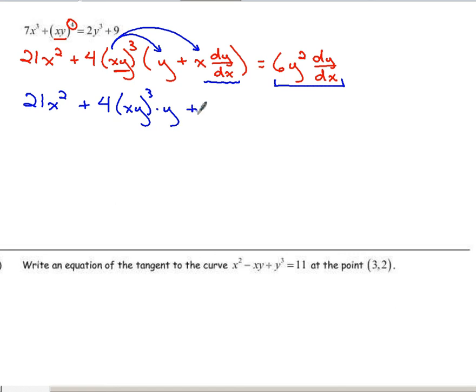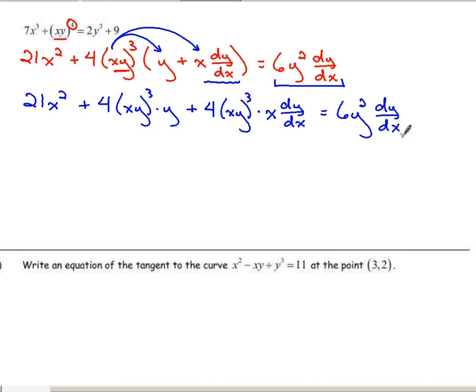Add on, that's your 4xy cubed multiplied to the x dy/dx. You got 4xy cubed times x dy/dx. And that all equals 6y squared dy/dx.